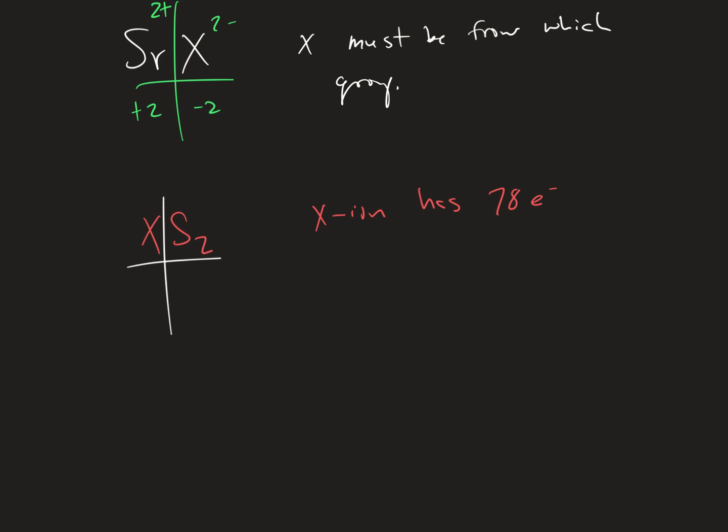We do know. What tells us it is or it is not? It's made of ions. Therefore, it is an ionic compound. That means X must be a metal. Are we good?